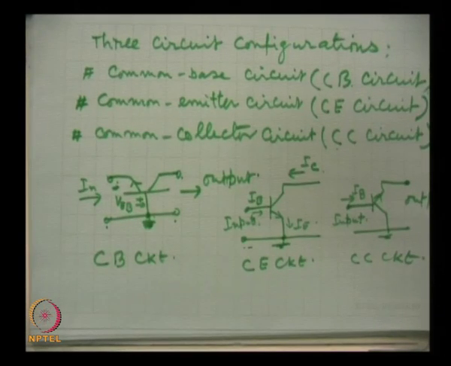Few things we should remember, that whether we are talking of common base circuit or common emitter circuit, or for that reason common collector circuit, when it is an amplifier, the emitter junction has to be forward bias, always remember, and the collector junction has to be reverse bias. We will come to how the biasings are achieved in practice, what are the different ways of achieving these biasings, we will be talking about that also.